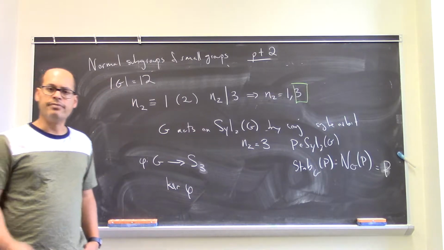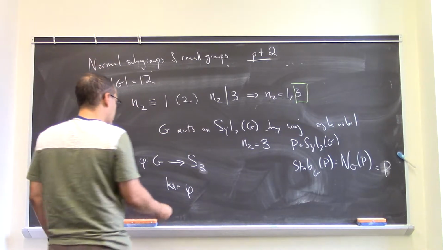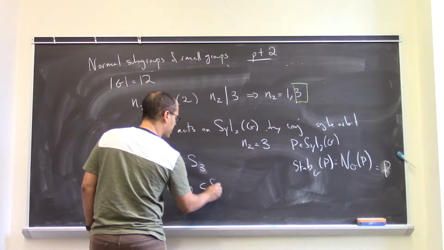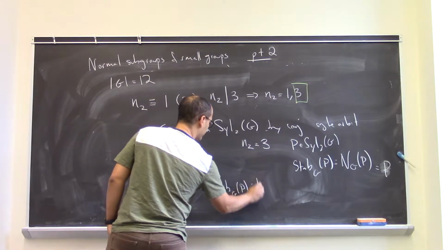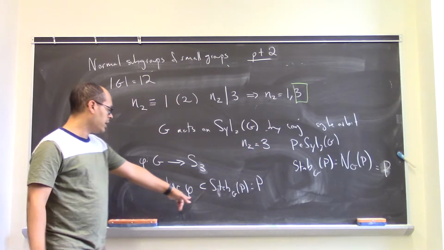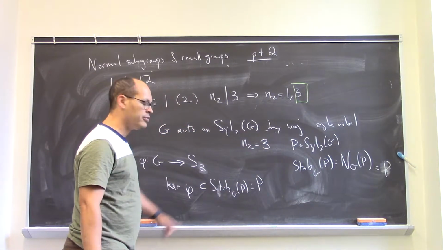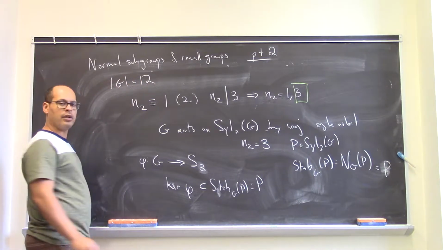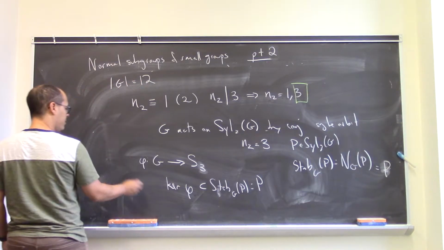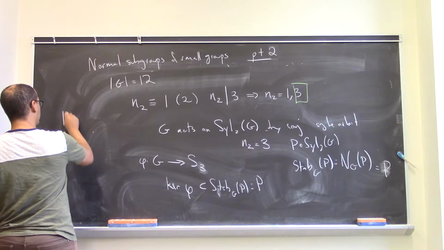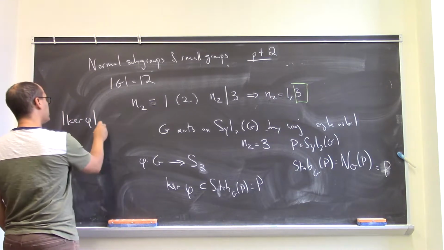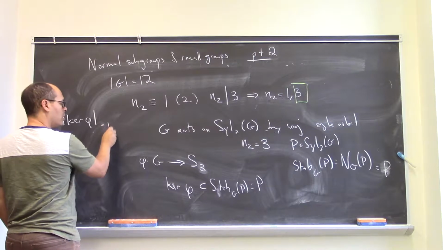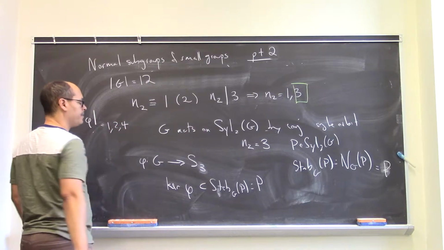The kernel of phi stabilizes everything by definition, so it sits inside of the stabilizer of P, which is P. So this is a normal subgroup of G sitting inside of P, and its size is either 1 or 2 or 4, right?